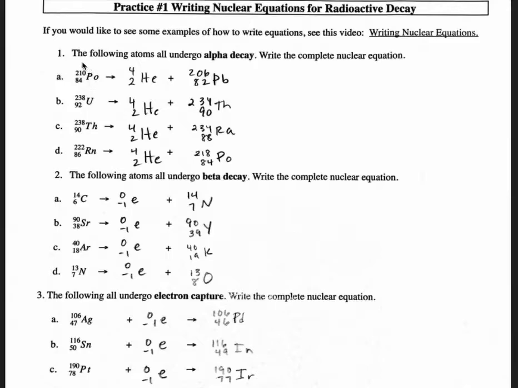All of the particles that I have on the left-hand side, all the protons and neutrons, need to add together to equal the 2 separate nuclei and their protons and neutrons added together. You can't lose any mass or gain any mass during a nuclear change, at least according to the equation. You have to account for all of the particles.